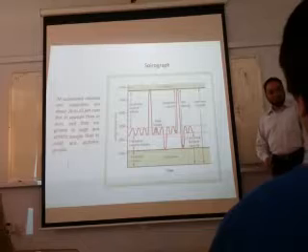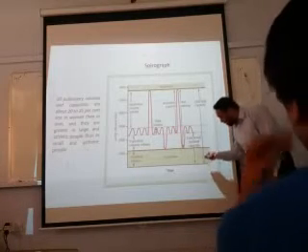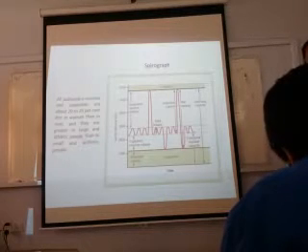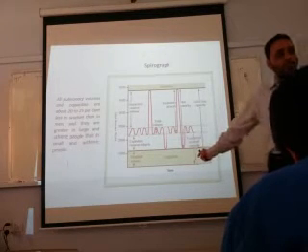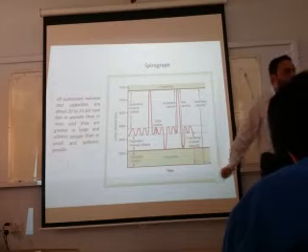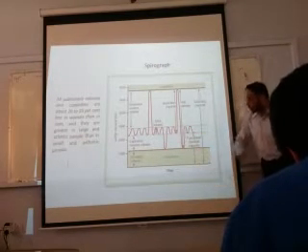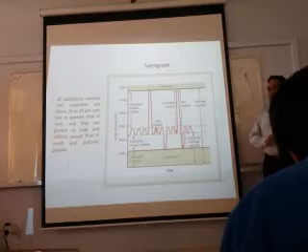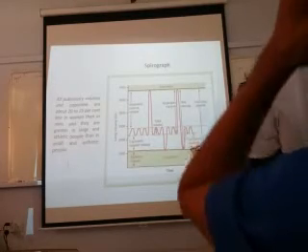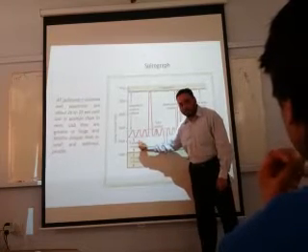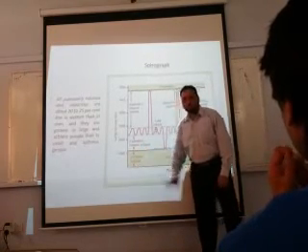Now let us talk about functional residual capacity. Why is it called functional residual capacity? It is one of the very important capacities while doing pulmonary function tests. FRC for short. FRC is equal to ERV, expiratory reserve volume, plus residual volume.